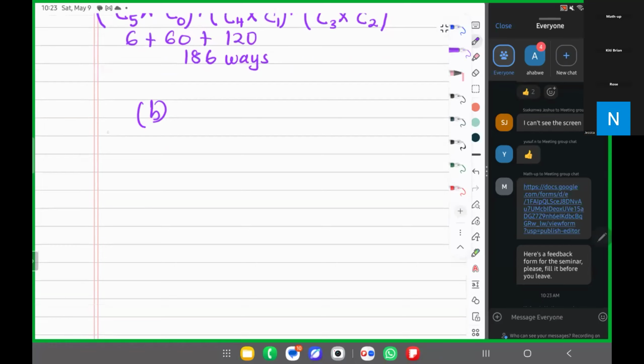Yeah, the total possible number of combinations I can have without restrictions.